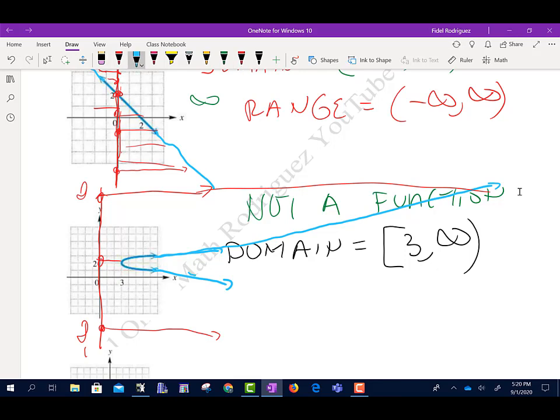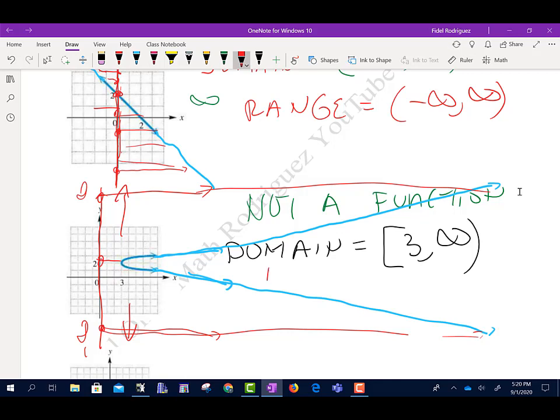And this part here is moving in a downward trajectory, right? So at some point here, it would hit it. And no matter how far up or how far down I went, I would hit that graph, because that's the basic shape of my graph. So then my range, if I'm starting down here and I'm going all the way up to the top, would be from negative infinity to positive infinity, okay?